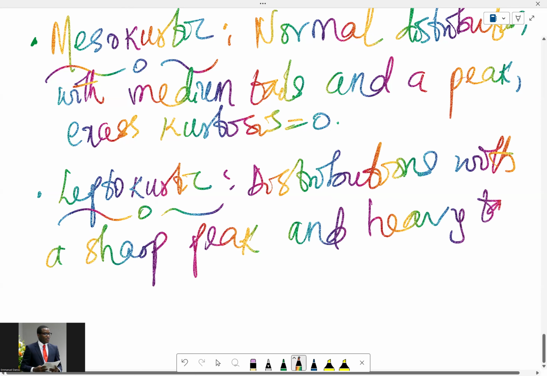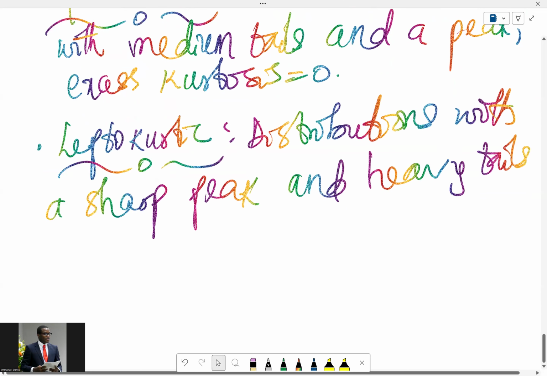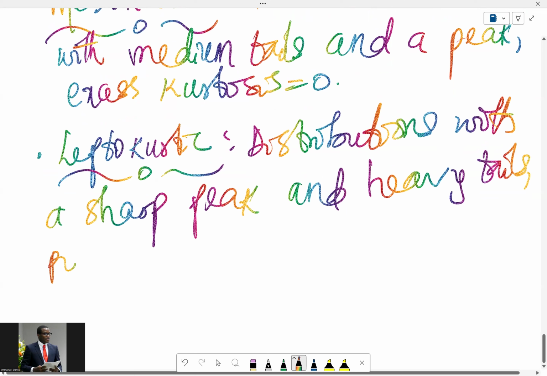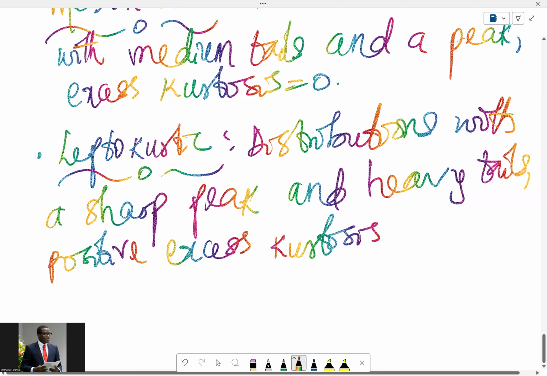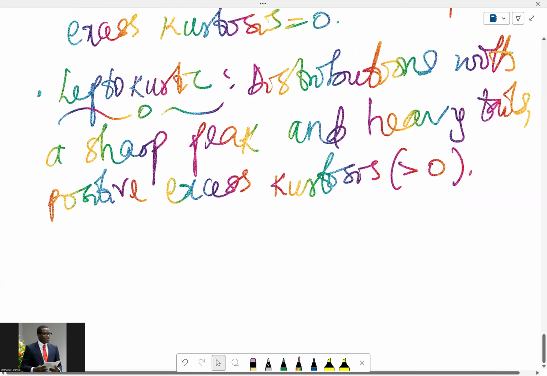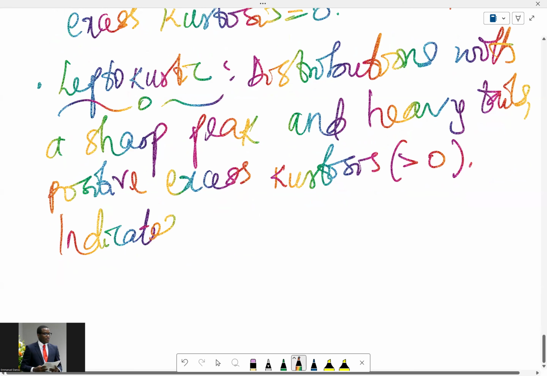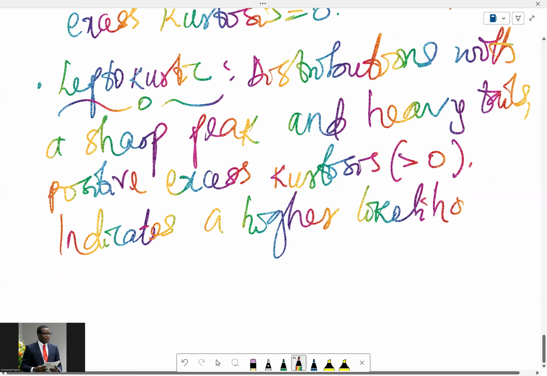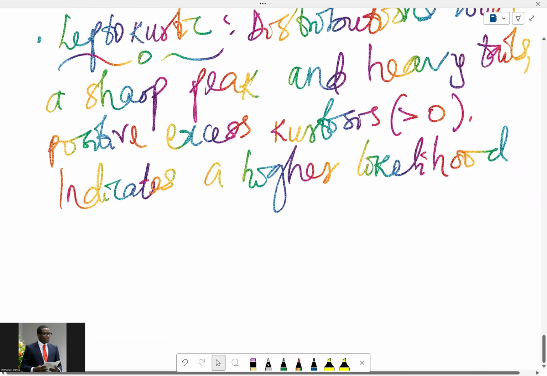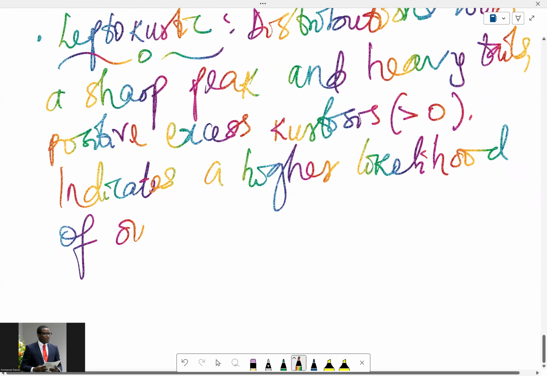In this case, you have positive excess kurtosis. That means you have kurtosis greater than 0. This indicates a higher likelihood of outliers.